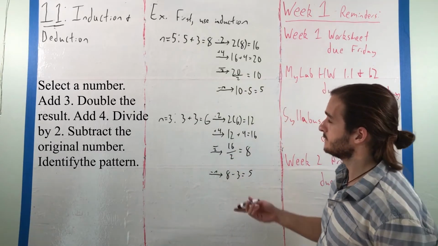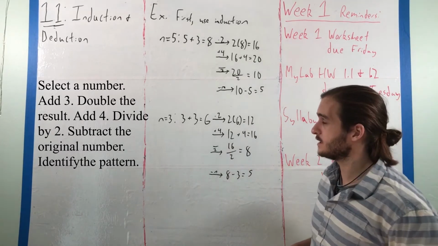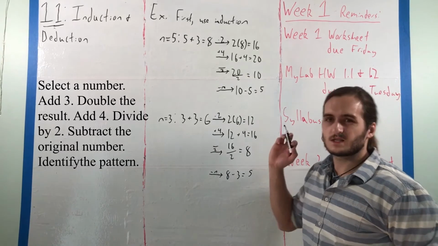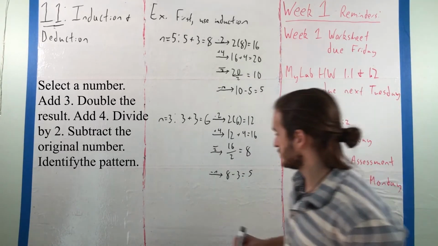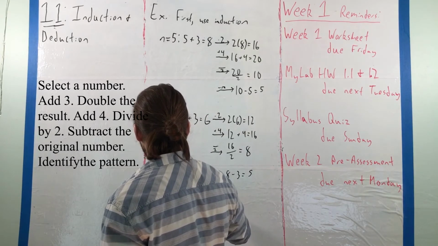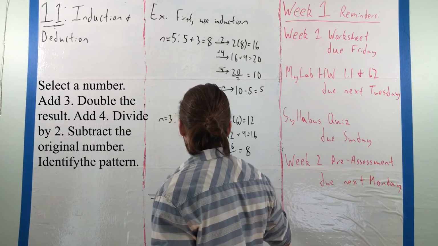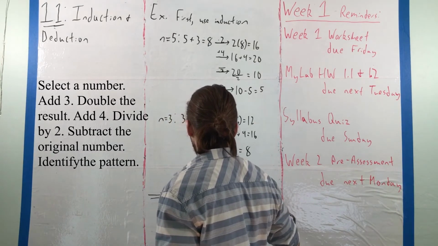So as you can see here, we plugged in 3 cases. We got 5 in all 3 cases. So it smells like, from induction, our pattern is a bunch of 5s.